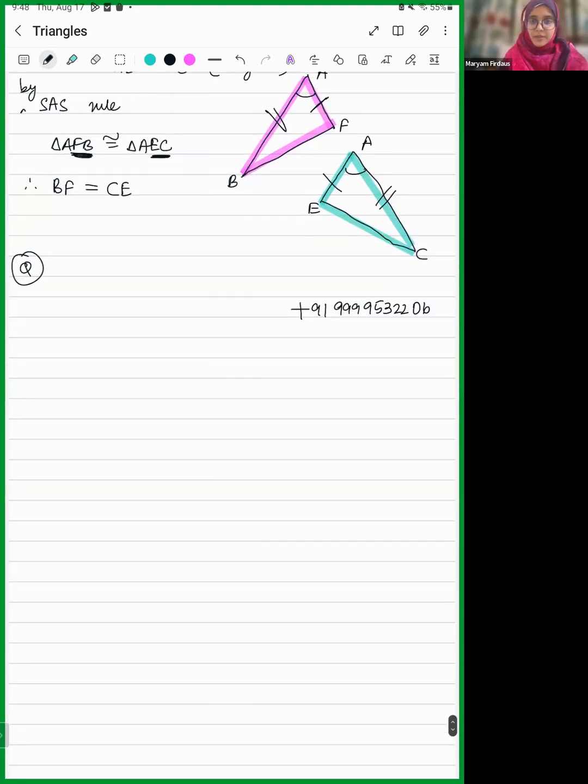So let's come to the next question. Here again, we have an isosceles triangle ABC. Here AB equals AC. This is given.